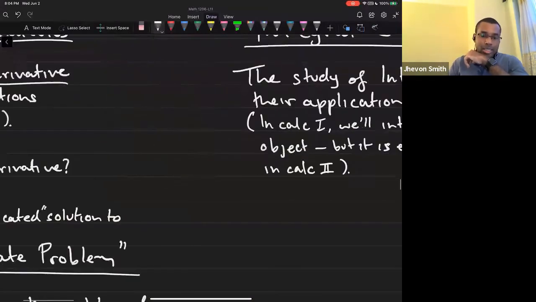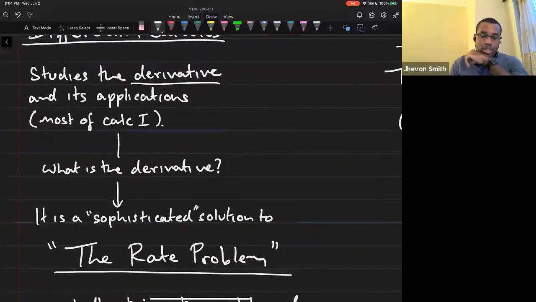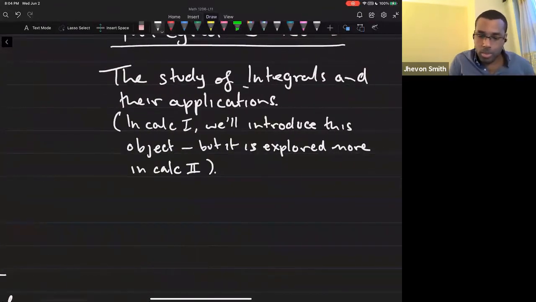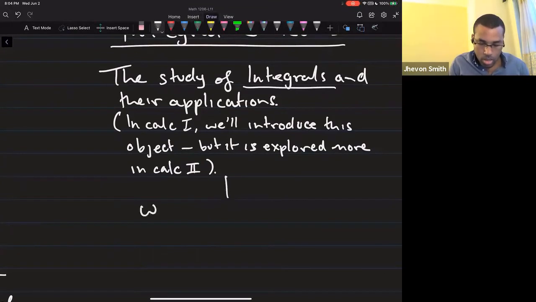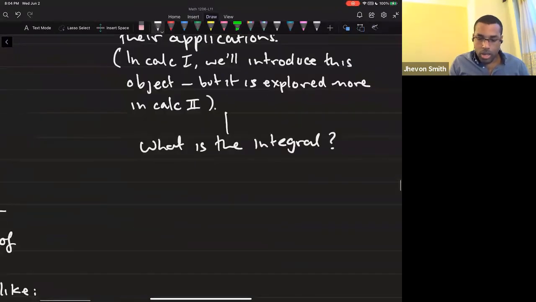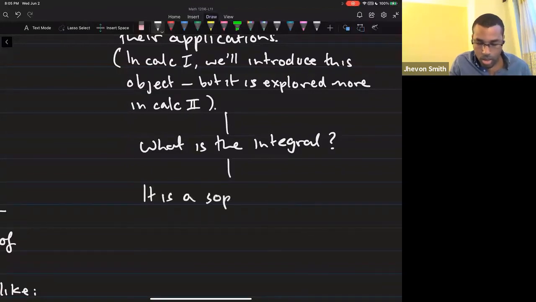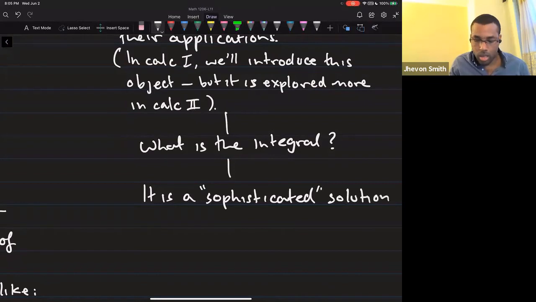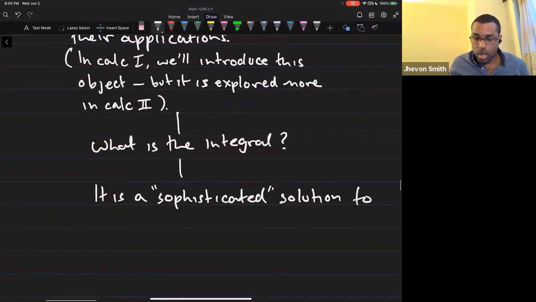And what is that, right? So we know what the derivative is, right? But what is the integral? Well, it's another answer to something. It's another problem.